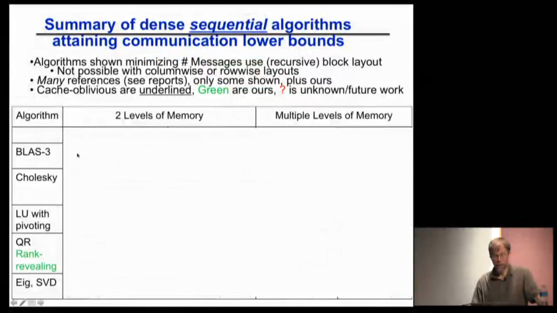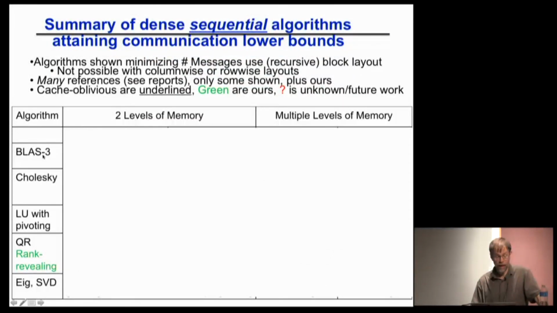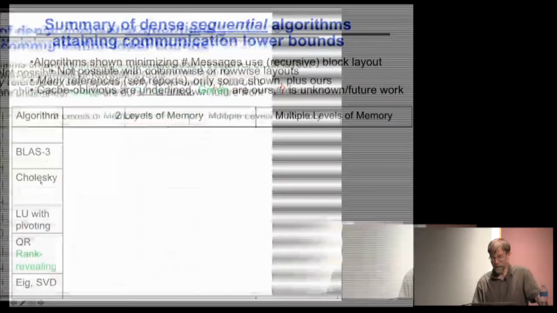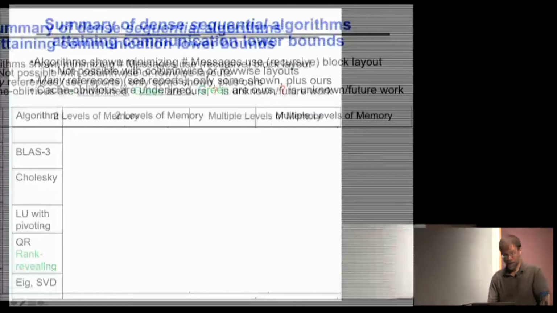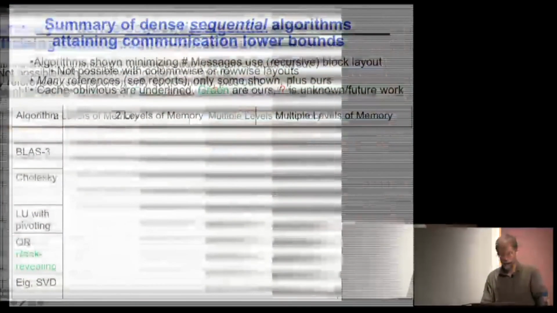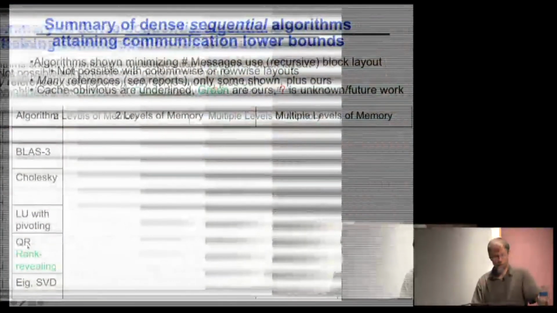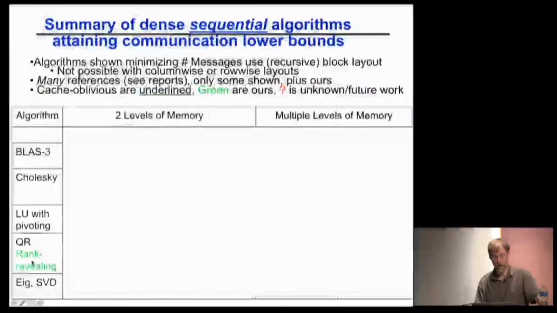And I'm going to separately do the BLAS and Cholesky, so that's Gaussian elimination with no pivoting, if you like. Then LU with pivoting, that's what I spent most of my time on. And then I'll talk about the QR decomposition, least squares, and there's another version of it called rank revealing, which people sometimes want to do, pick the most linearly independent columns.